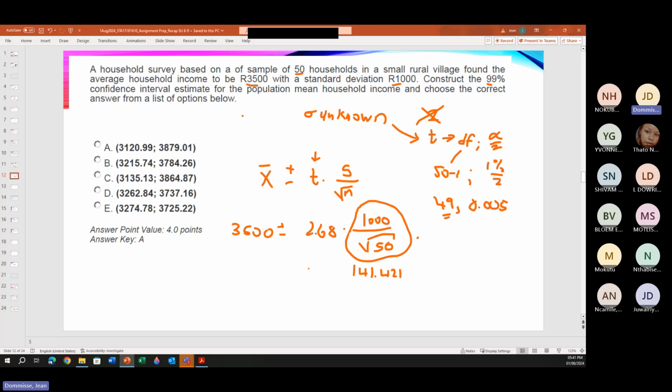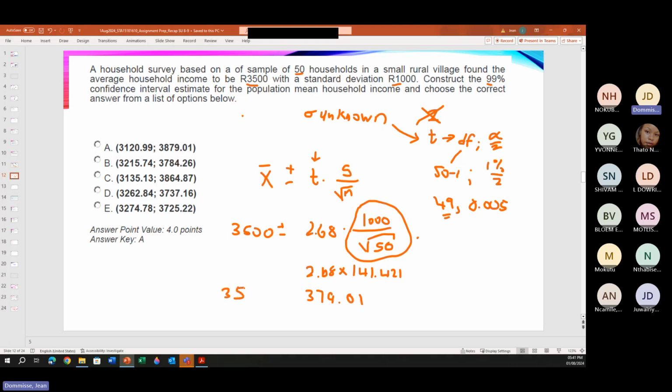So 141.421 times 2.68. That gives us 379. And if we round it off to 2 decimals, 0.01.